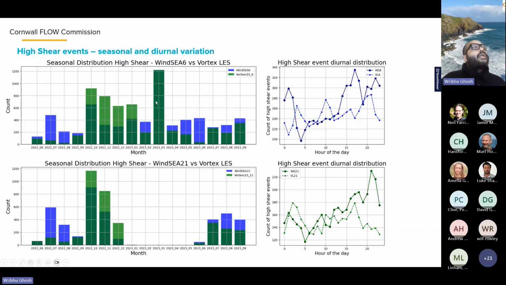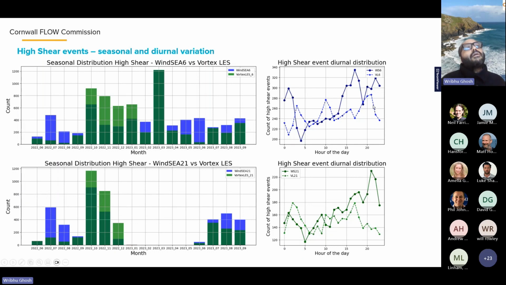March is very high. We don't have March data for WinC21, but the third LiDAR, which had a complete data set and which we are not sharing at the moment, also confirms this observation, March being the highest month with high shear events. Here in summer, the model predicts higher events.